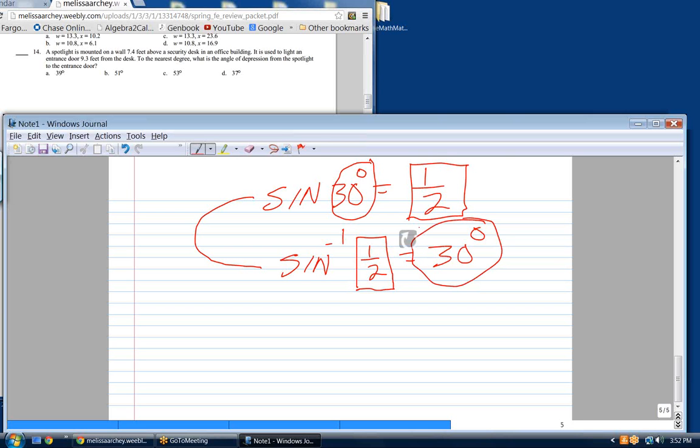So I can say if the sine of theta equals x, then theta equals the inverse sine of x, or inverse tangent, or whatever trig function you're dealing with.